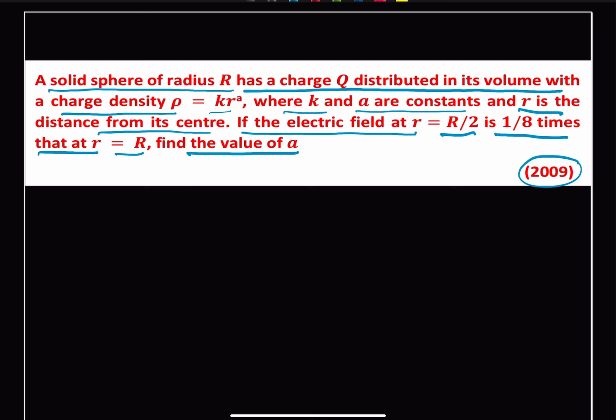So here we are given the charge density, that is rho is equal to k r raised to power A. Okay.